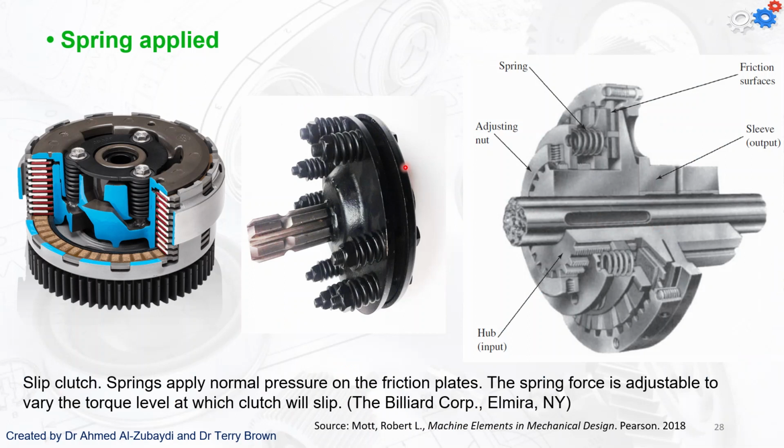Okay, again, spring applied. So here we've got a slip clutch. So the springs in here provide the force to push the two plates together, and then you can adjust the tension or compression in the spring, so that you can adjust the torque level at which the clutch will slip.